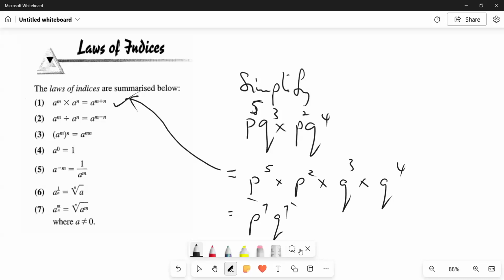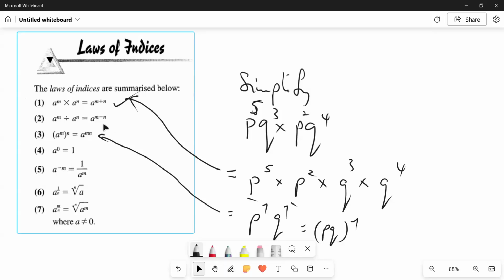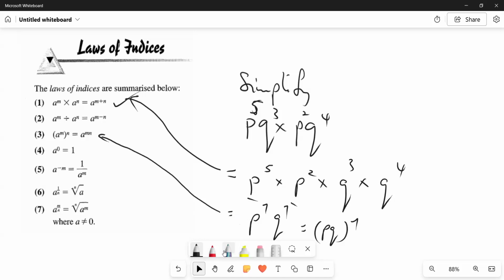You can even write this as pq to the seventh power. No need to expand the thing to simplify it anymore. We use the laws of indices, right?